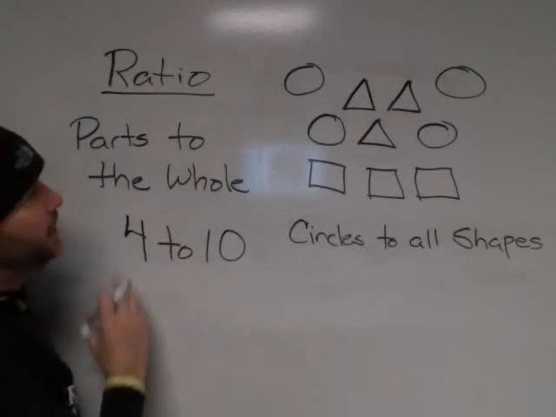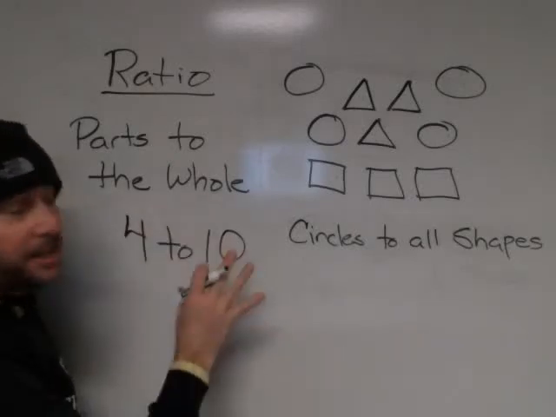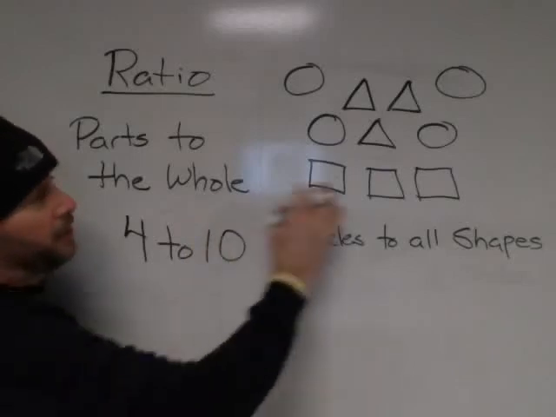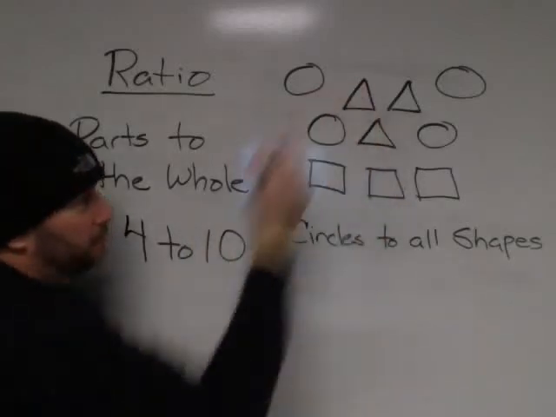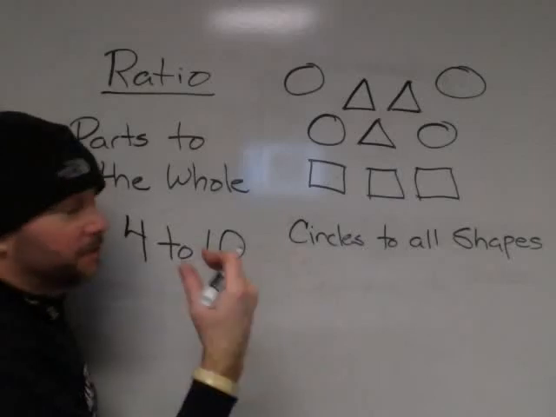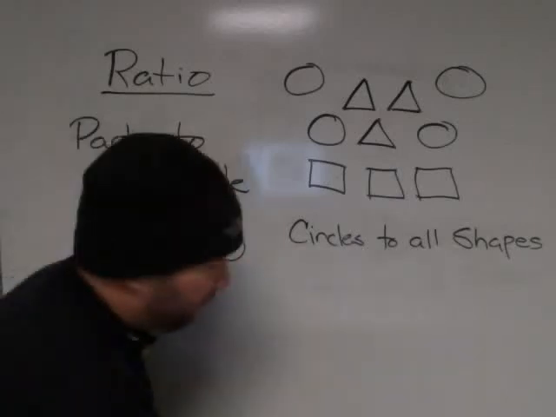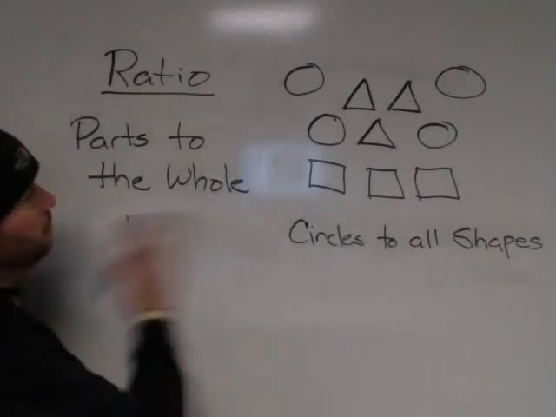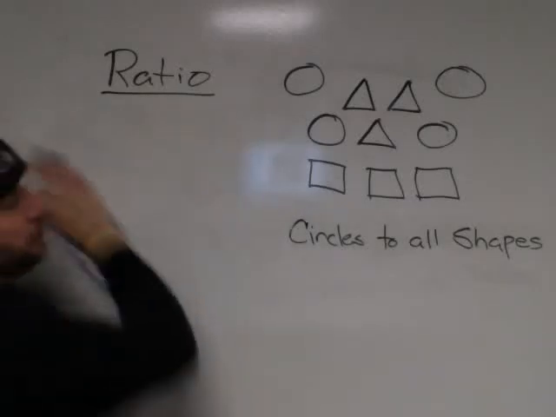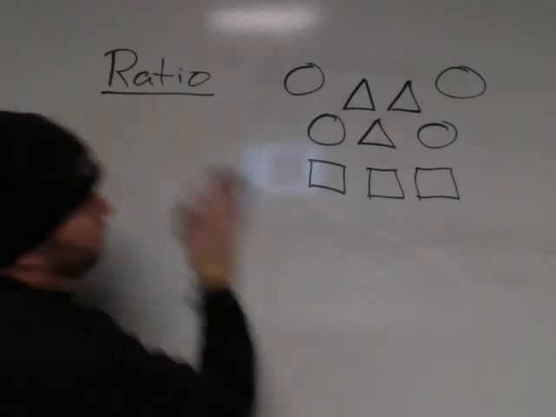All right, and again, you can really kind of break it down any way you want. You could break it down into polygons compared to polygons, round versus square. Anything you want, you could compare. All right, if you have numerical values. So those are the two important types of ratios that they teach in the book.